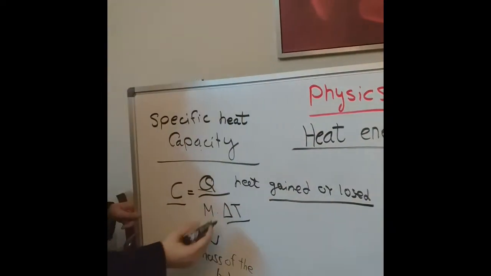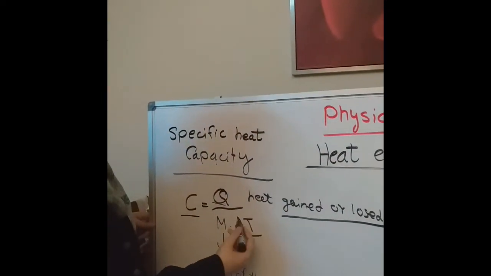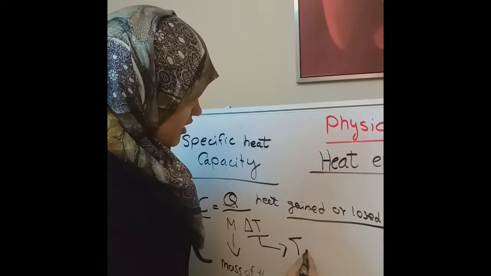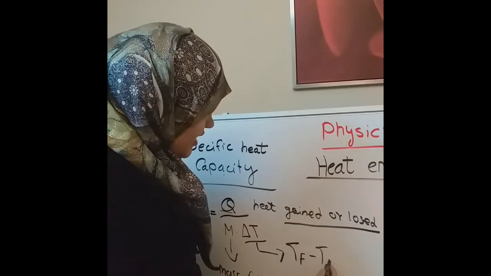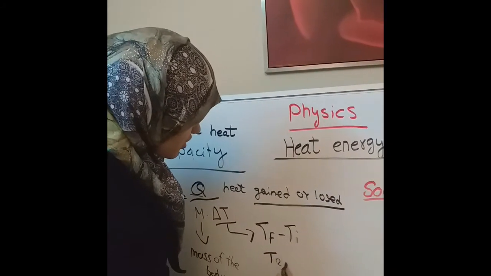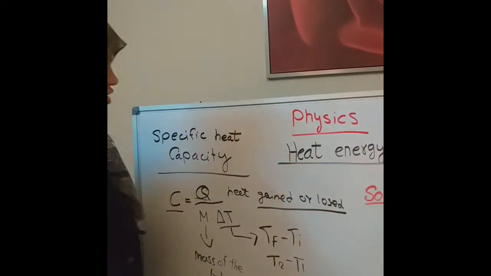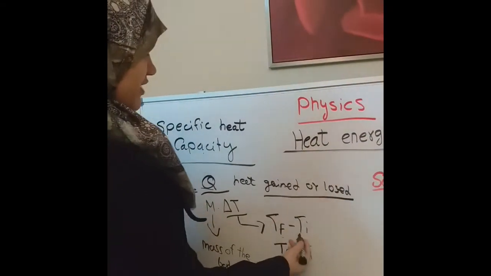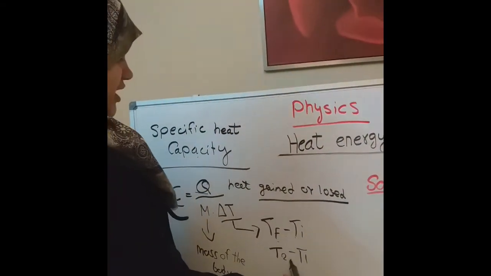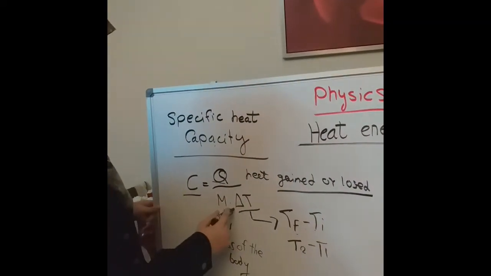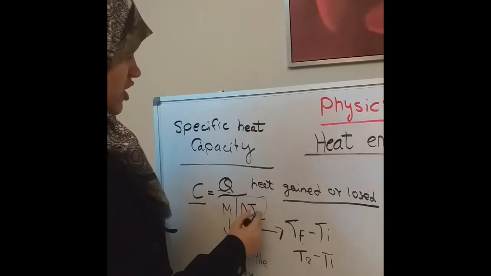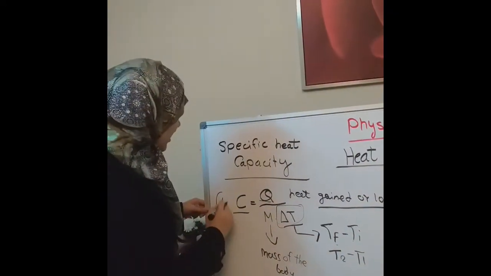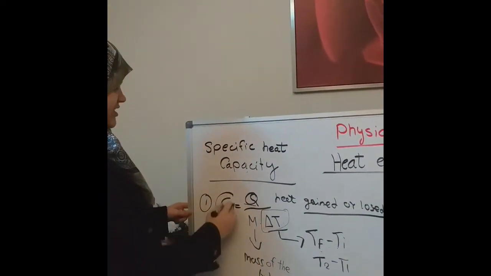And the change of T, which means temperature, can be Tf minus Ti or T2 minus T1, which is the final temperature minus initial temperature, because it is the change of temperature. Okay? So that was the first formula for specific heat capacity.